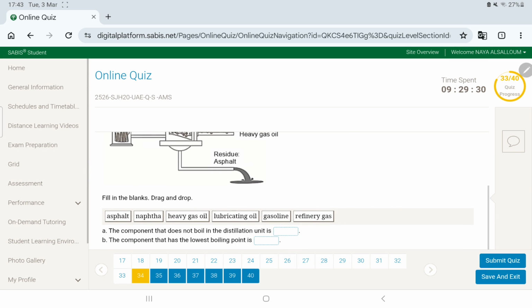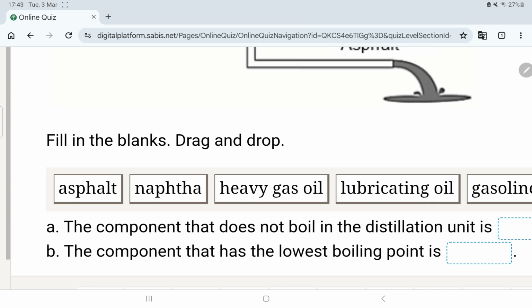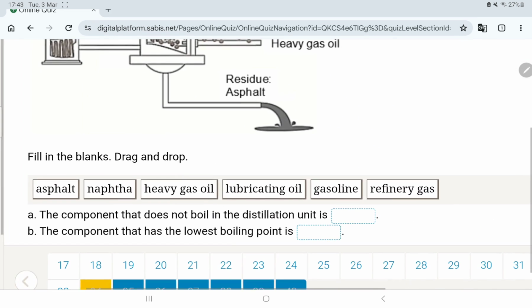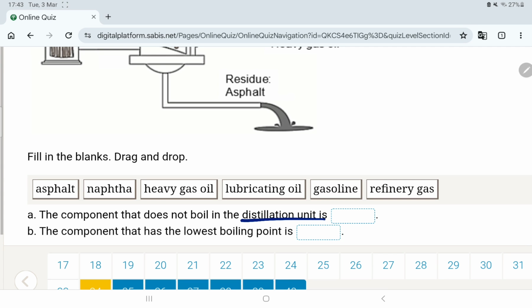Okay, so let's see. The component that does not boil in the distillation unit. Now guys, the distillation unit is the same thing as the fractionating column. Okay, so what doesn't even boil is gonna be the asphalt.